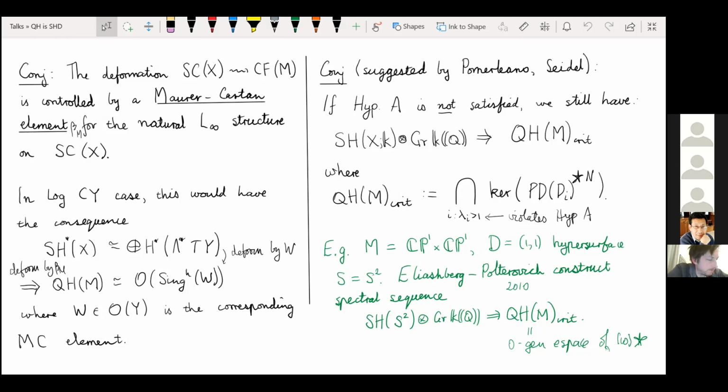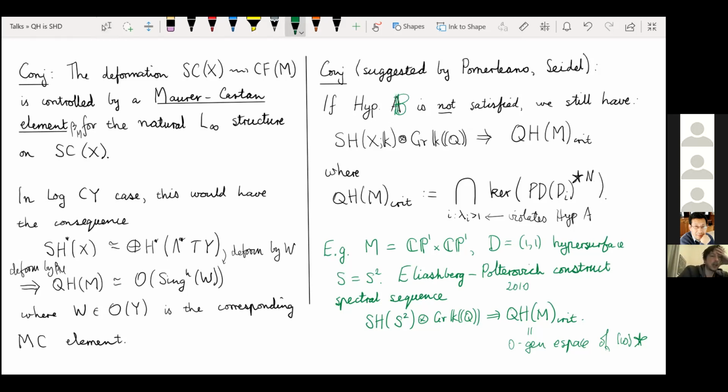But the point of what we did so far was to elucidate the role of this hypothesis B in the result.